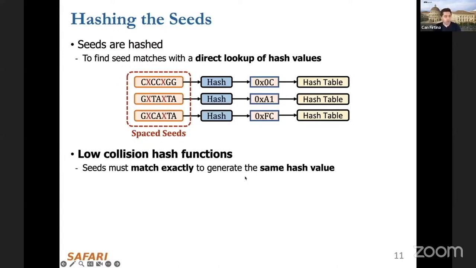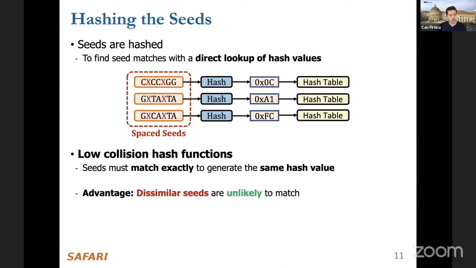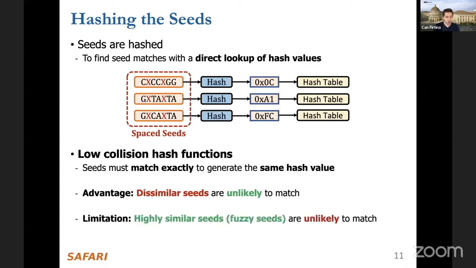And of course, using low collision hash functions is advantageous because it makes it unlikely to match dissimilar seeds, since we would be assigning different hash values to them. But there is also one limitation of low collision hash functions: highly similar seeds, or what we call fuzzy seeds in this work, are also unlikely to match.